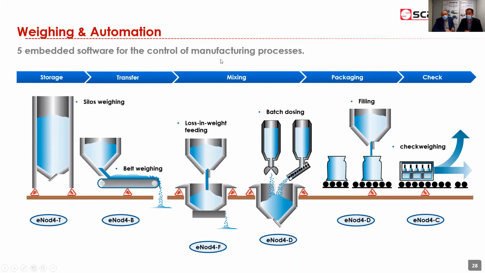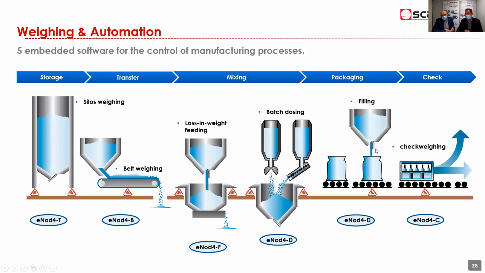Then you have the mixing process, in which you can, depending on the applications, either use an eNod4F for continuous feeding with material flow control, or eNod4D for batch dosing and mixing applications.